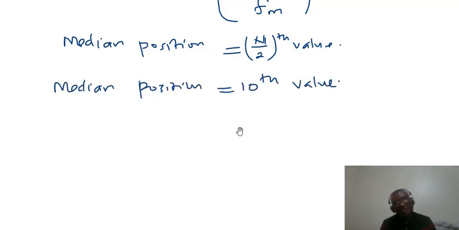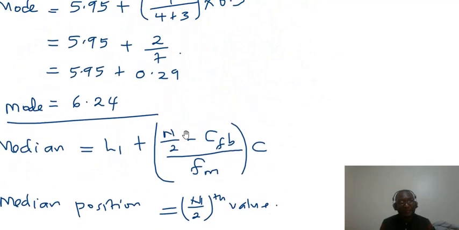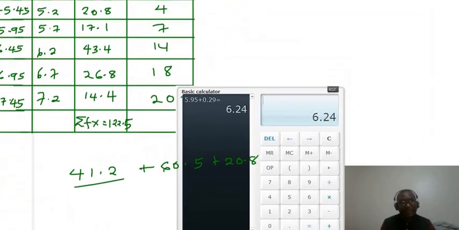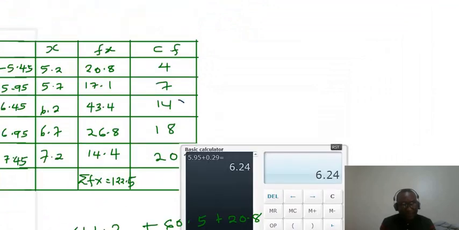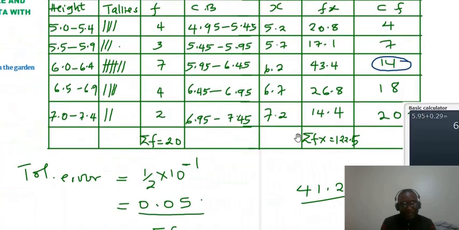Now we go back to our table and the cumulative frequency column and find where the 10th value lies. So the 10th value is a value that belongs to that class, right? So basing on that, we can be able to tell that the lower class boundary of the median class is this here, frequency of the median class, that one, and the cumulative frequency before is 7.